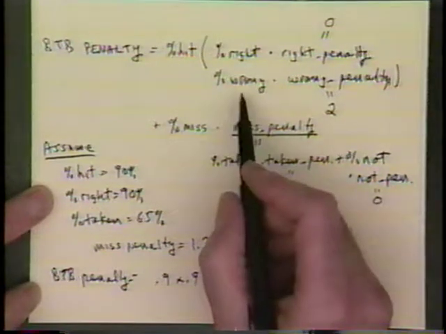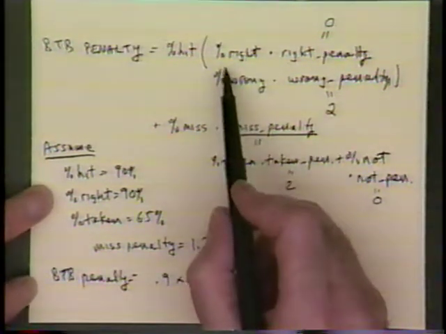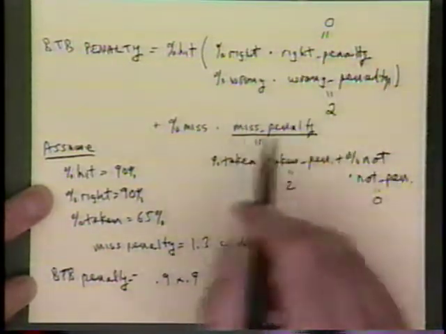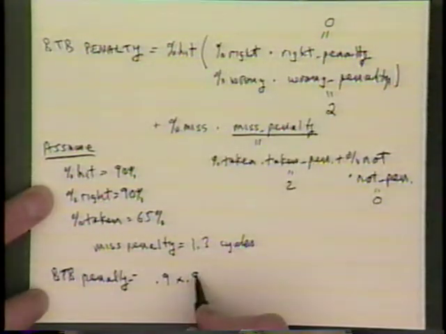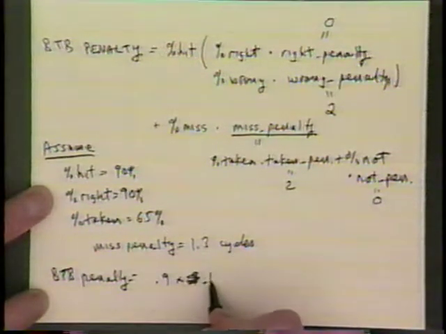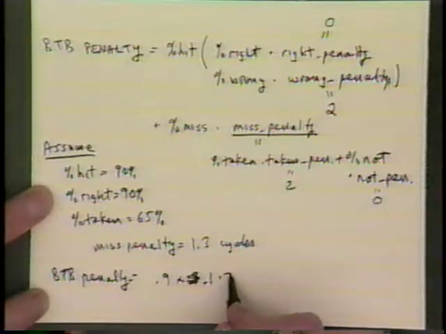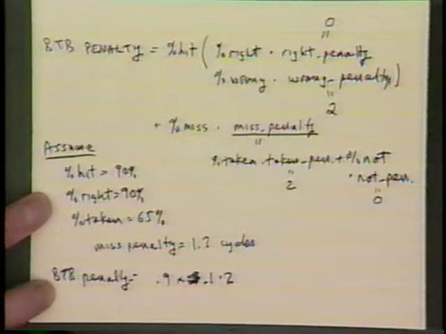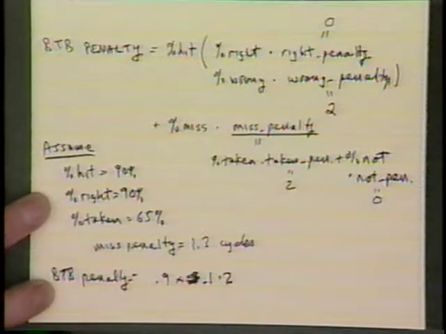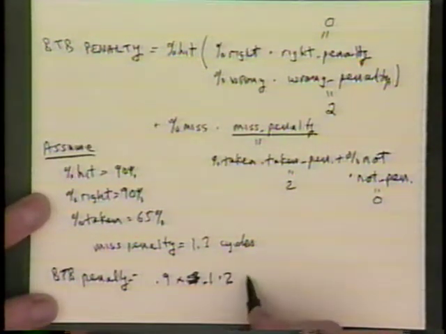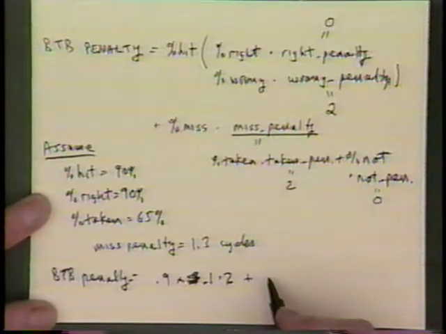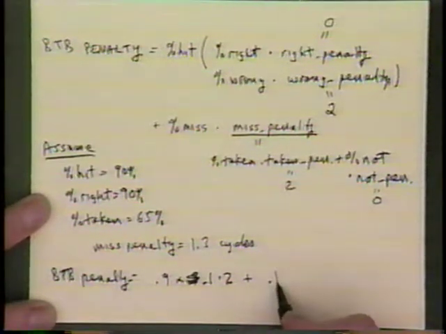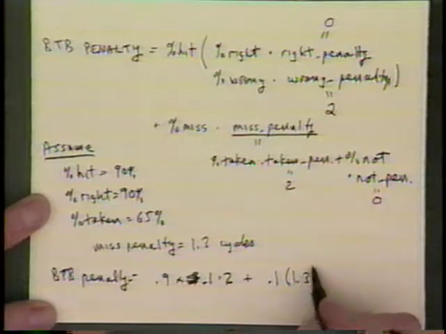I'm sorry, the percentage of time that it's wrong. The percentage of time it's right is 0.9, but it doesn't matter because the right penalty is 0. The percentage of time that it's wrong is 0.1, and that's the case where we pay the 2 penalty delay. And then add to that the percentage of miss, which is 0.1, times the miss penalty, which is 1.3.